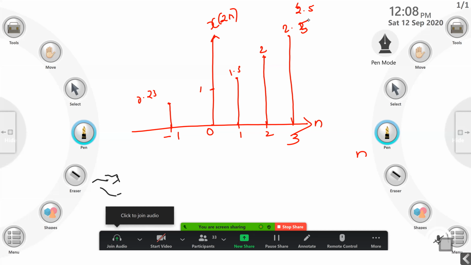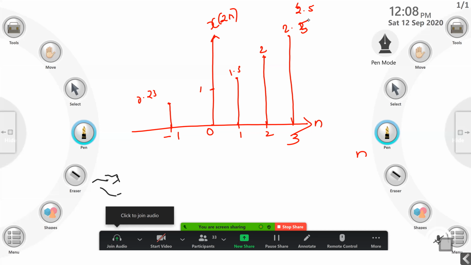So that is how we have compressed the signal. While compressing, please ensure that there is no change in amplitude. The only thing you have done is you have taken each sample towards another time instant, which should be half of the previous time. If it was plotted at -2, now it will be plotted at -1.